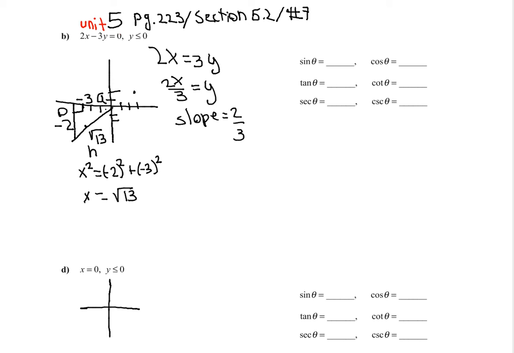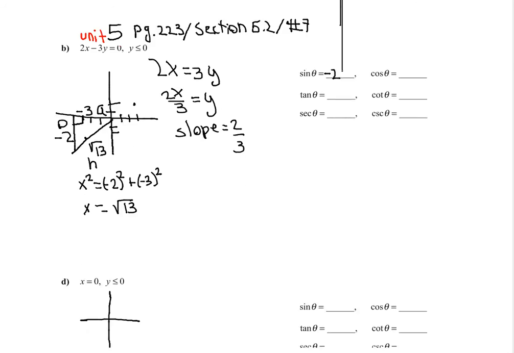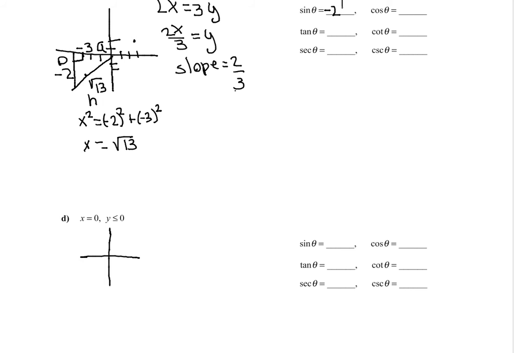Now we know that sine is opposite over hypotenuse, so that would be negative 2 over root 13. And the inverse would be root 13 over 2, and it's negative.